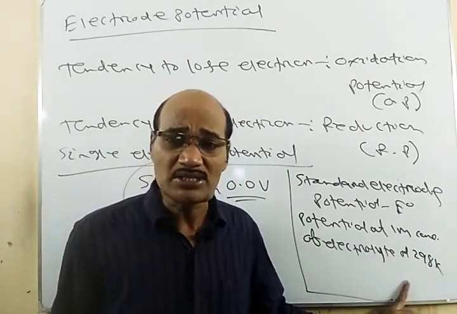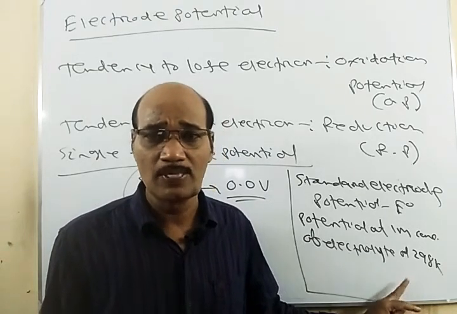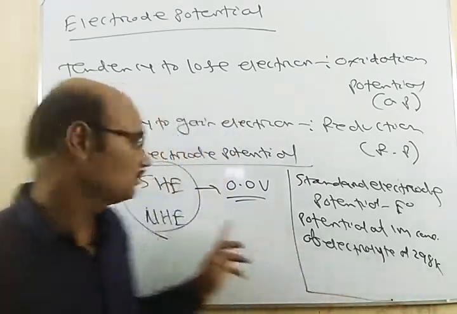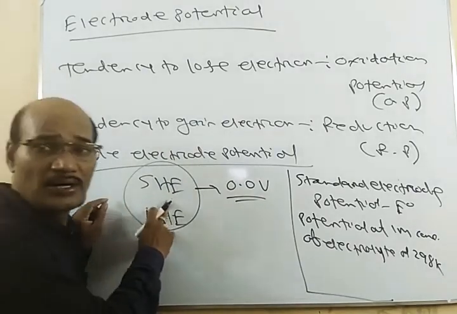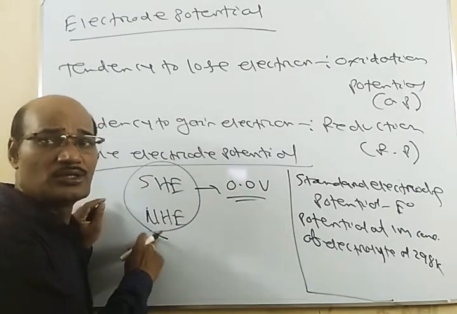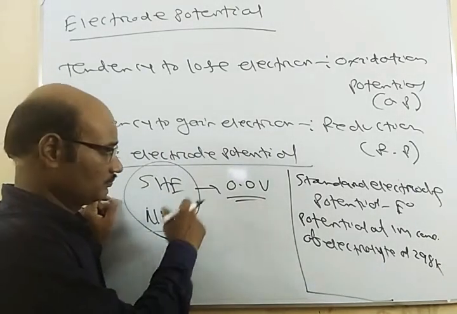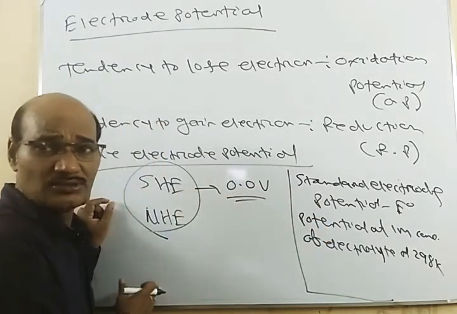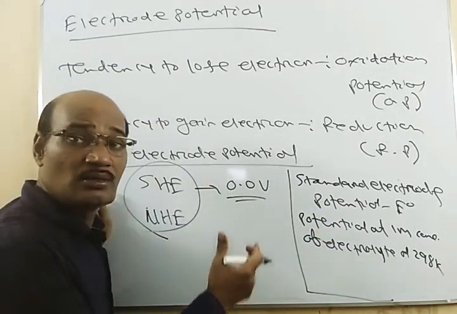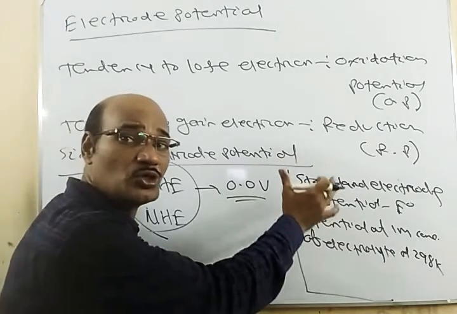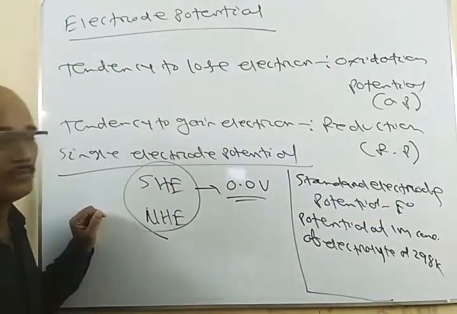So when you calculate this standard electrode potential by coupling it with the standard hydrogen electrode or the normal hydrogen electrode, the potentials will be referred to the electrode which we are going to determine.